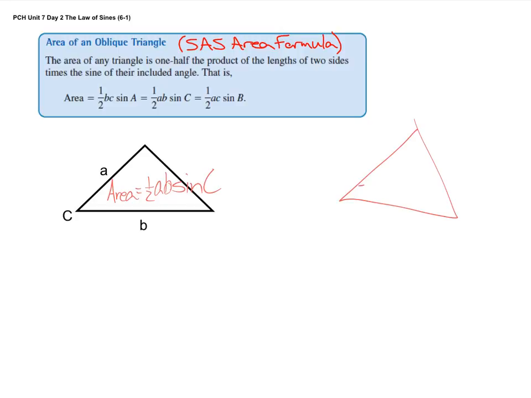We had 50 degrees, you had 12 up here, and you had 10 down here. You ended up doing 1/2 times the 10 times the 12 times the sine of 50. 1/2 times the side times the other side times the sine of the angle between them.